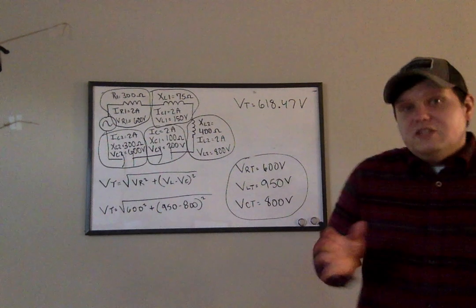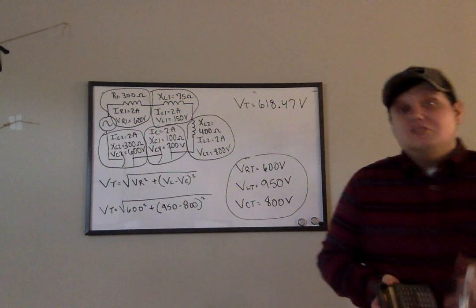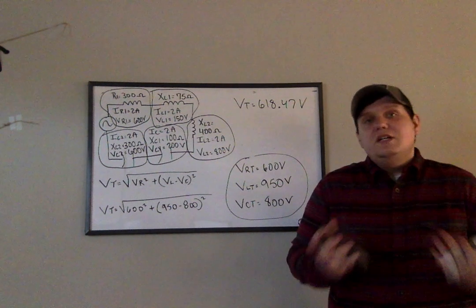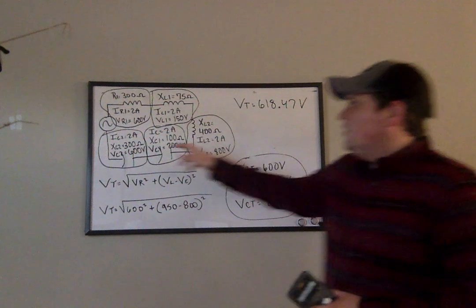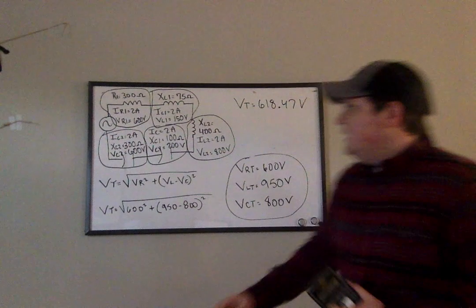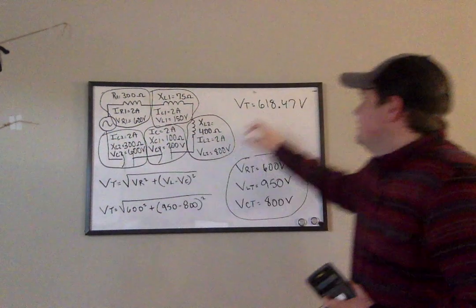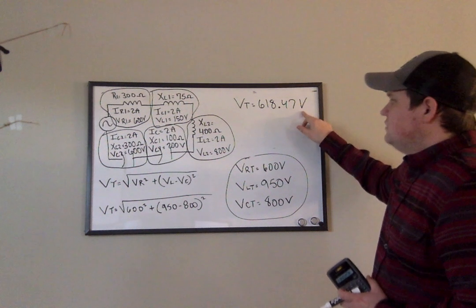This is what I wanted to show you. When you have inductors and capacitors in the same circuit, your inductors can actually induce a voltage higher than your source. Think about it. Total voltage, which is the source here, is 618.47 volts.